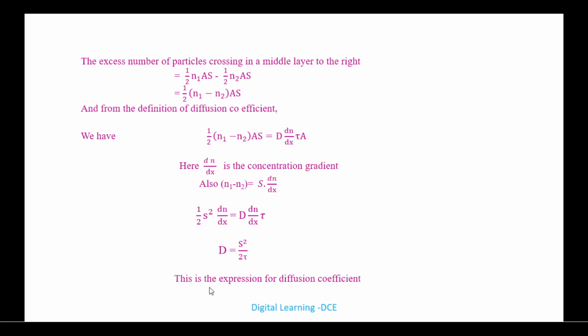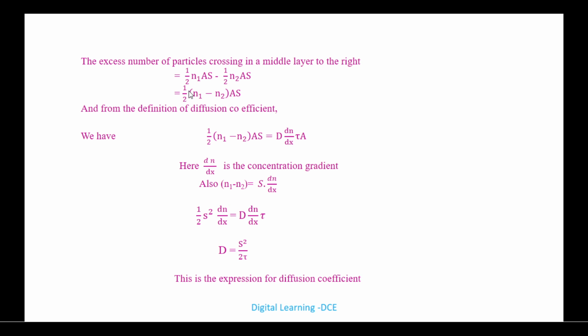Next, we calculate the excess number of particles crossing the middle layer to the right, that is along the positive x-axis. It is equal to 1/6 N1 AS minus 1/6 N2 AS.